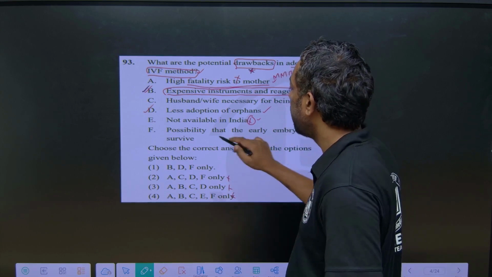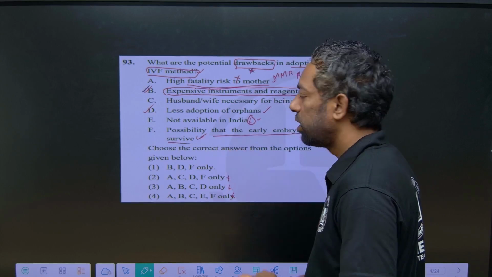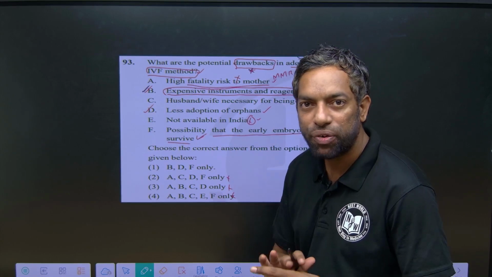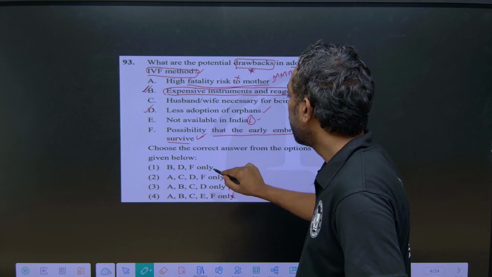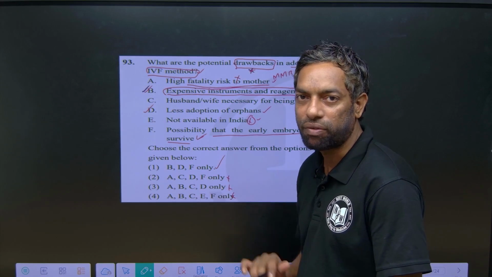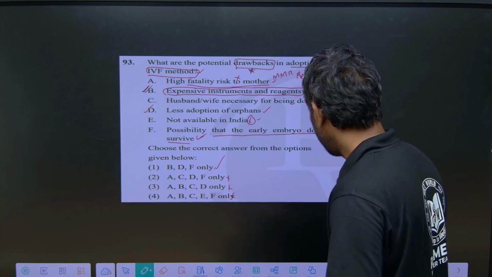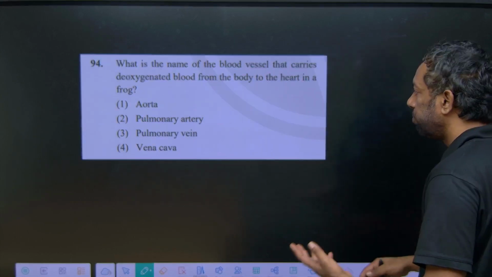No need to read further. The possibility that the early embryo does not survive, you need not read the D option at all. You tick the answer which is B, D, F. This is the smart way. They asked this from the reproductive health chapter. Okay, and the next question.